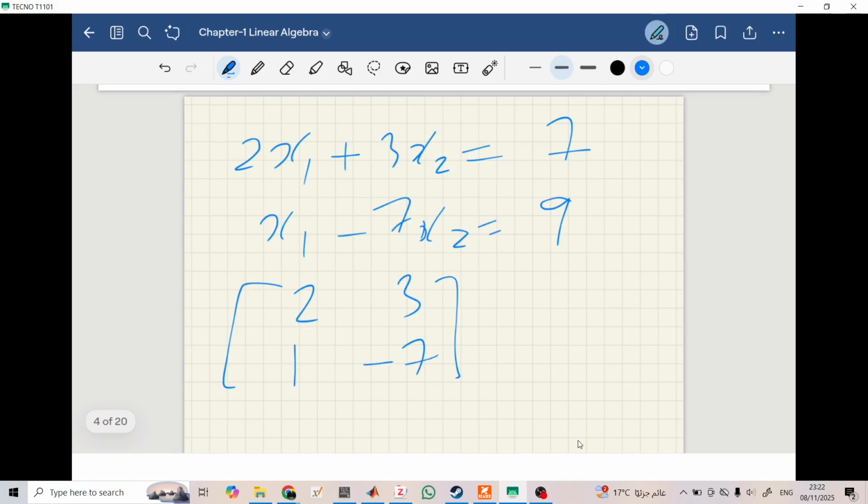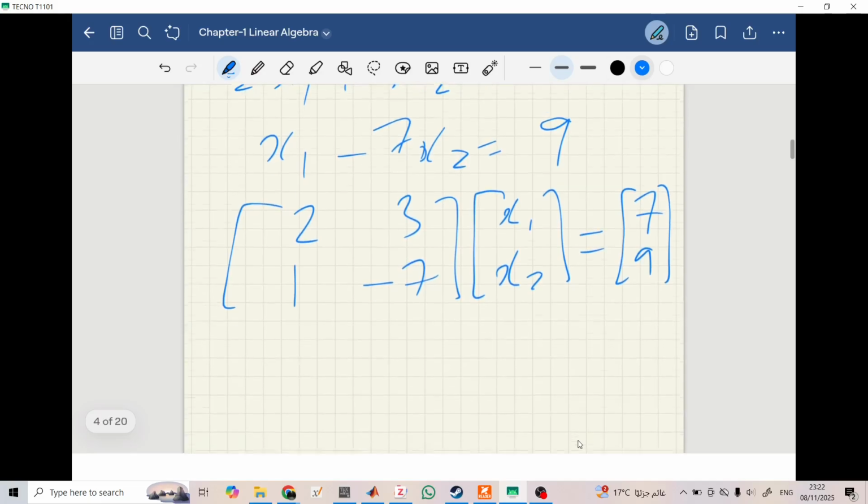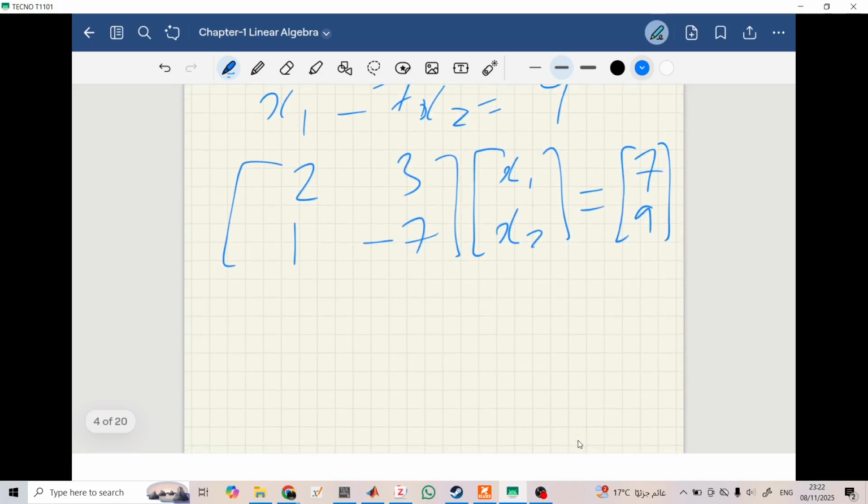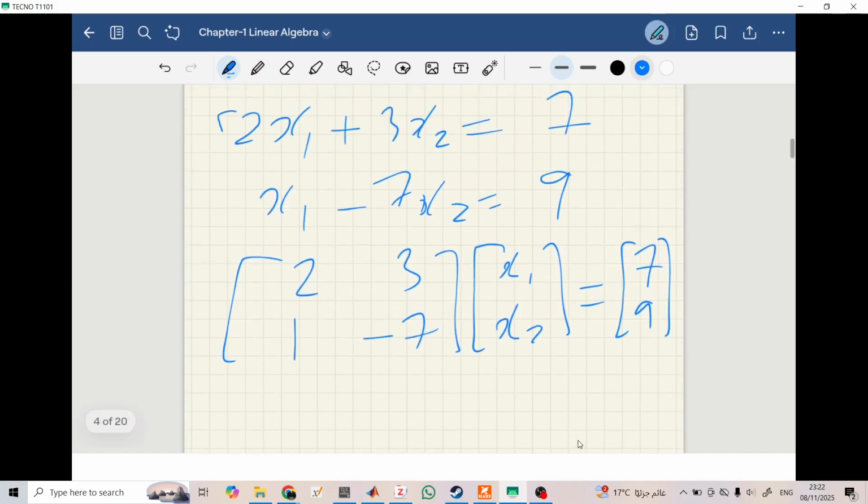Then we put the unknowns, which are x1 and x2, in a vector, and put the constants in another vector. We claim that those two forms are equivalent. How so? Let's check them out.